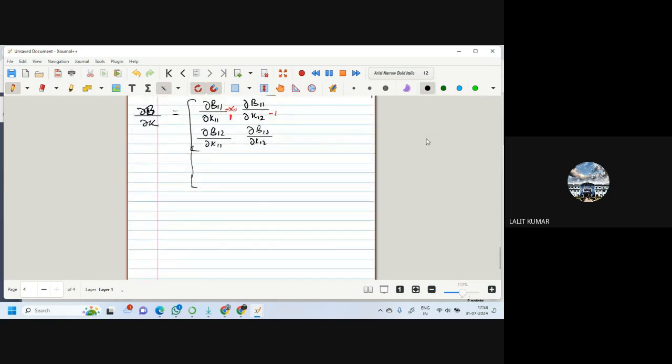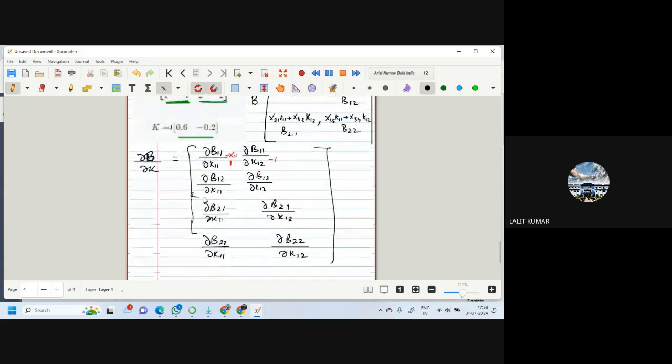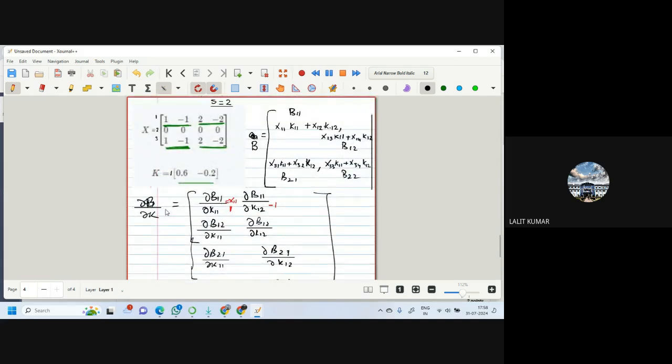That will complete it fully. This will become del B21 by del K11, del B21 by del K12, del B22 by del K11, del B22 by del K12. And let's find which are all the elements which participated here.